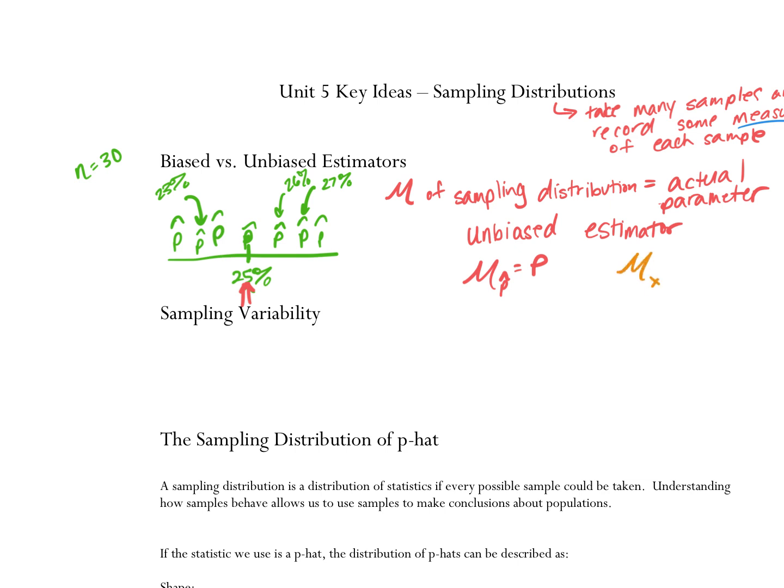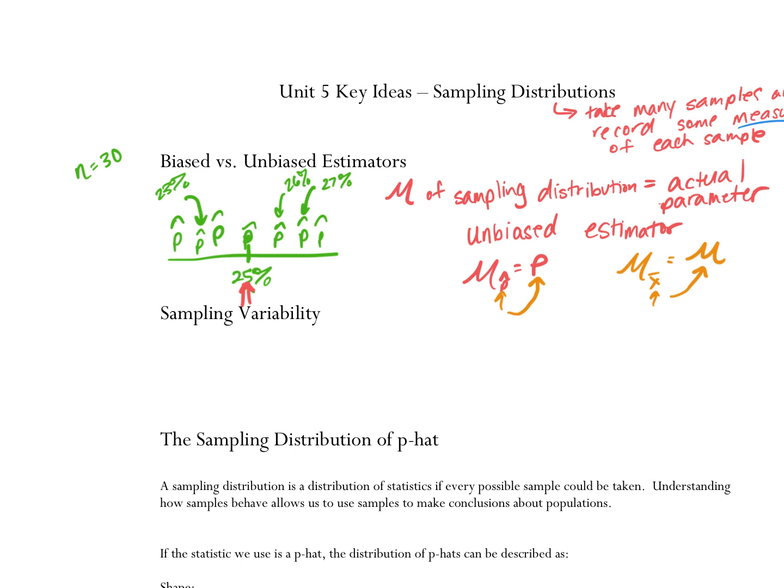The reason we do that is both of those sampling distributions are unbiased. The sample means tend to resemble the population mean. The sample proportions tend to resemble the population proportion. That's why we care about those two estimators in particular, because they are unbiased, okay?